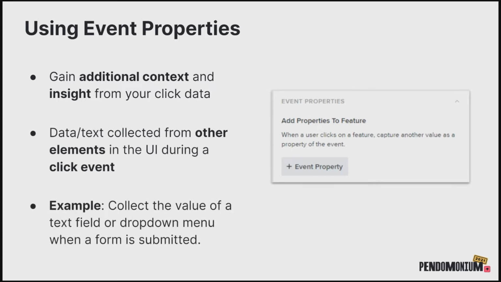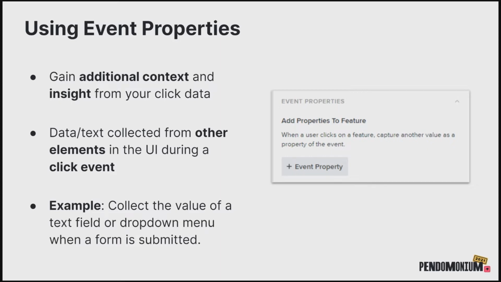What you can do is collect other things on the screen other than just that one click event. So when someone clicks, for example, send message, you can collect the value of other things on the screen along with that send message button click.